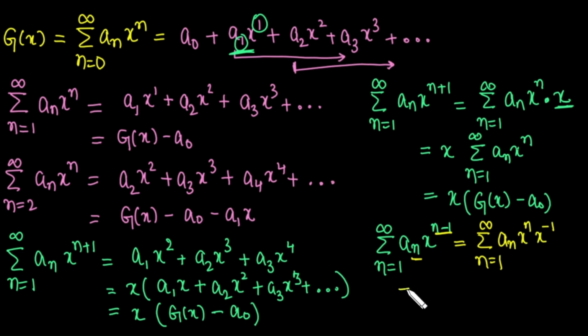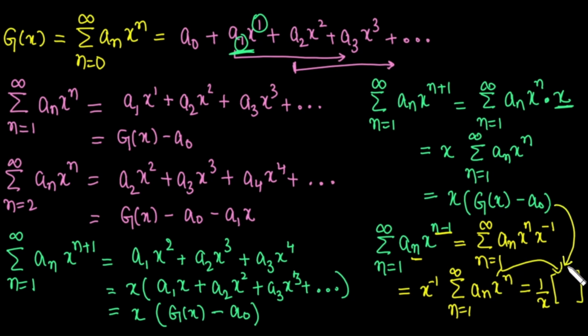Take this one outside, that is x raised to power minus 1, summation n from 1 to infinity a_n x raised to power n. Now this is equal to what? It starts from a1, then we will get a2, a3, a4, and so on, but not a naught. So we can write from here 1 by x, and the value of this summation is equal to g(x) minus a naught.